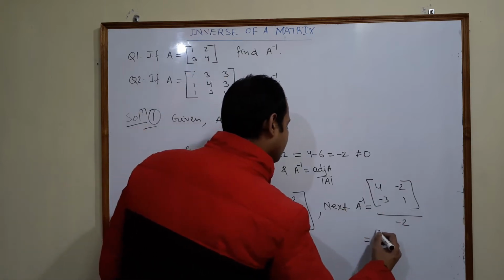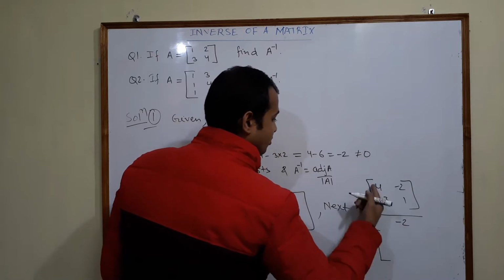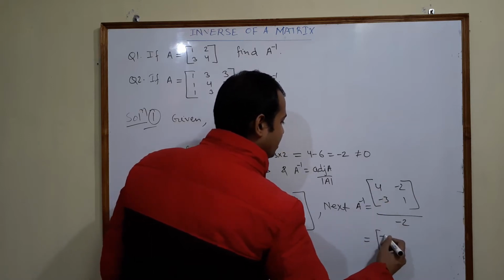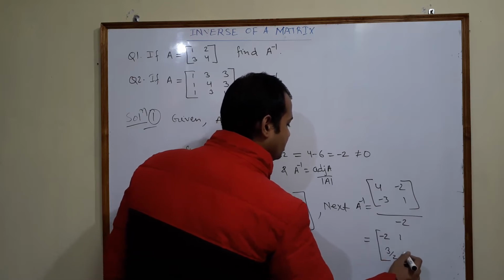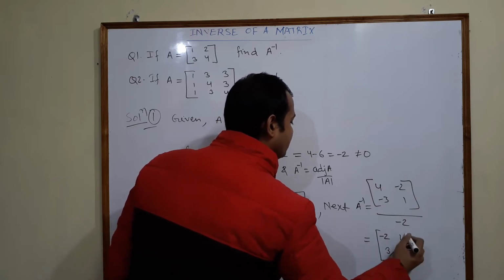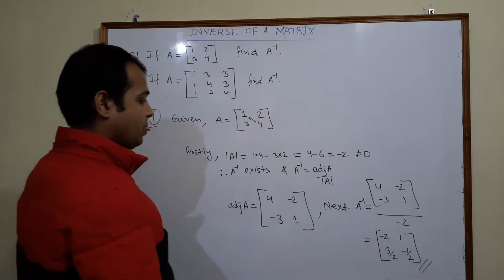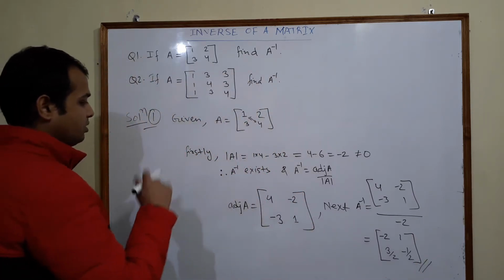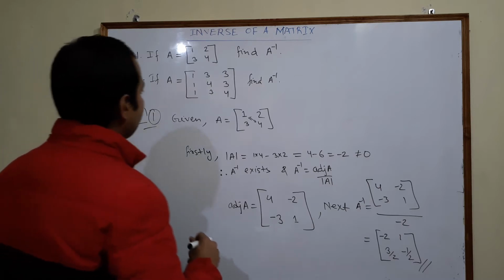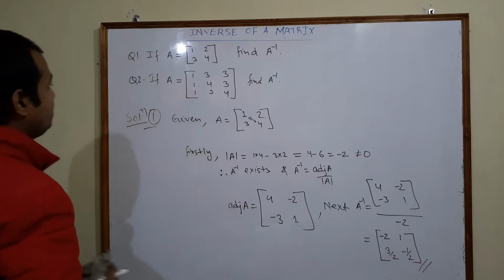So you will get 4 divided by minus 2 will be minus 2, this will be 1, this will be 3 by 2, this will be minus 1 by 2. Okay, so this is the required inverse. Okay, so this is the inverse of A. So now let us move on to next question.